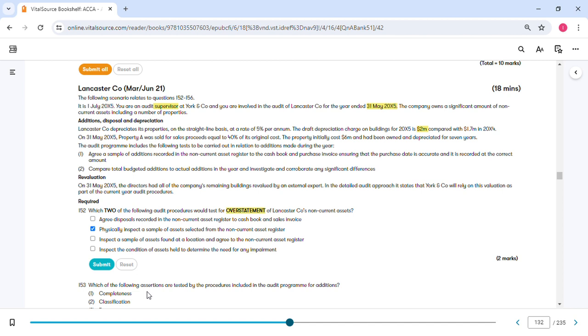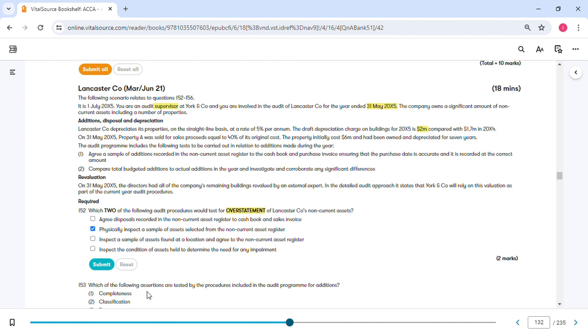If it is related to correct amount, definitely there will be something regarding depreciation, regarding impairment. They are talking in terms of a correct amount, and they are talking about the additions.